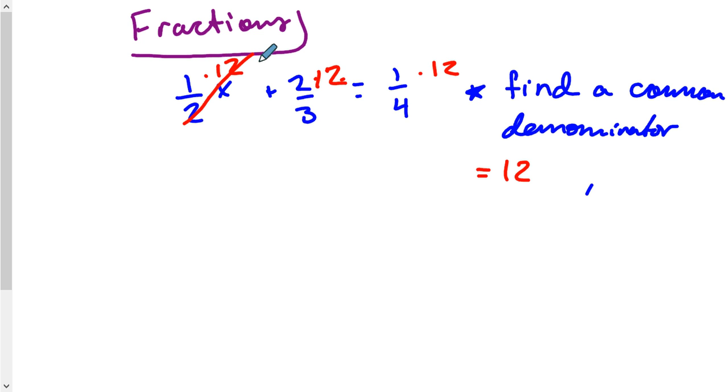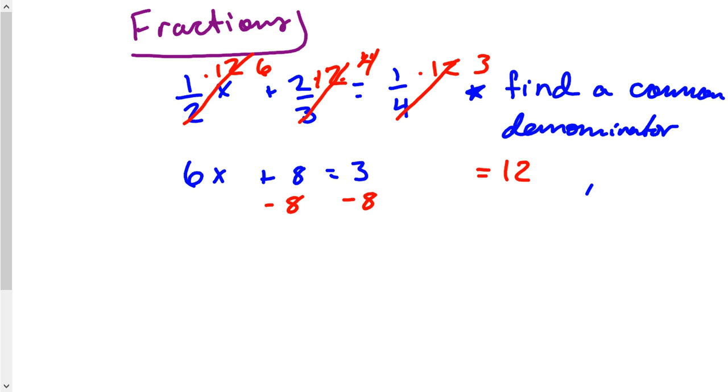Because this will reduce here to a 6, to a 4, and to a 3. Really leaving us with 6x plus 2 times 4, which is 8, equal to 3. We'll subtract by 8. 6x is equal to negative 5, and then we divide by 6.